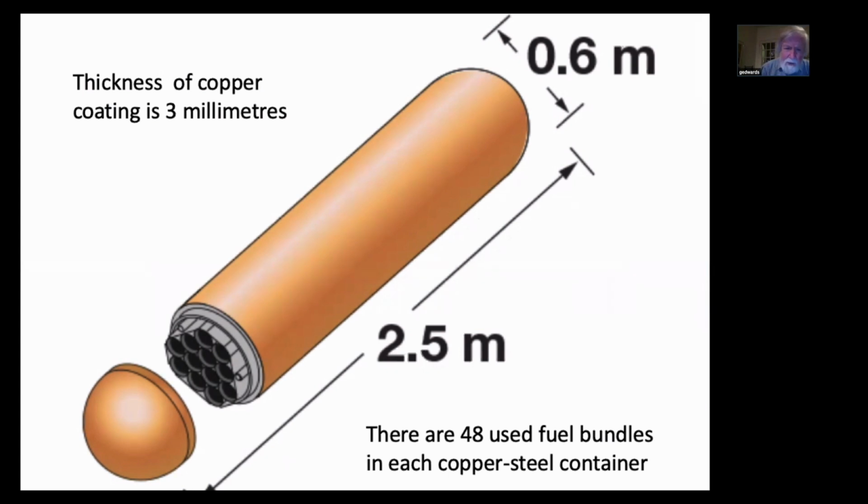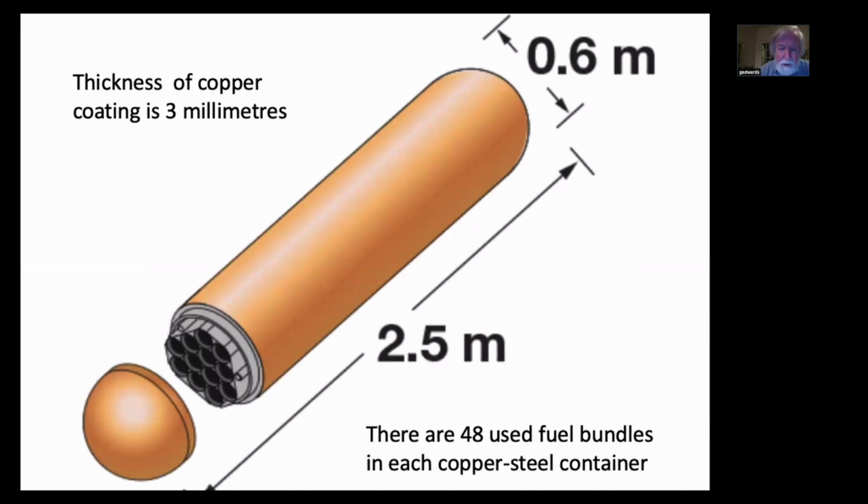That has to be put in by remote control, and it's not as easy as you might think, because the fuel bundles, remember, they're quite old. They've been sitting in those dry storage containers for 50 years or so, and they are embrittled, they are old, they might suffer from a certain degree of corrosion, they may have some mechanical damage, and for sure they are distorted.